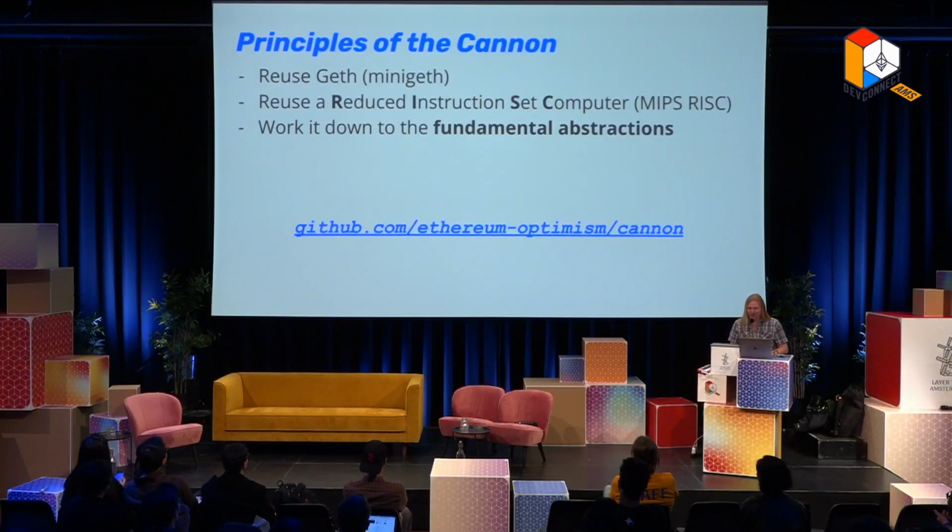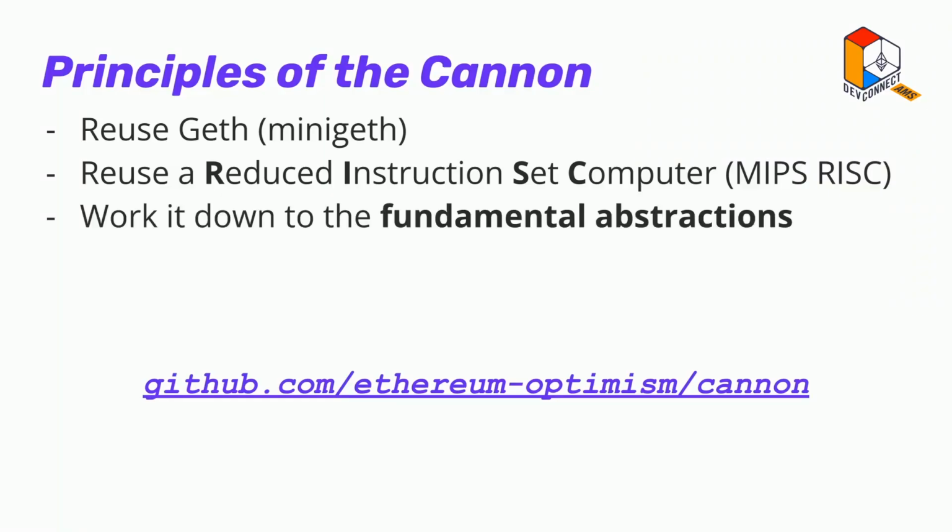So how do we apply that in the case of Cannon, which is the fault-proof part of Bedrock? Well, the first thing that we do is we reuse Geth. We are not rolling our own system. We must reuse what Ethereum has built and developed and expanded for years and years. And so that's what's called mini-Geth. Another thing that we do is we use a very minimal instruction set, in fact, a reduced instruction set computer, a RISC, that we run all of the code base on top of.